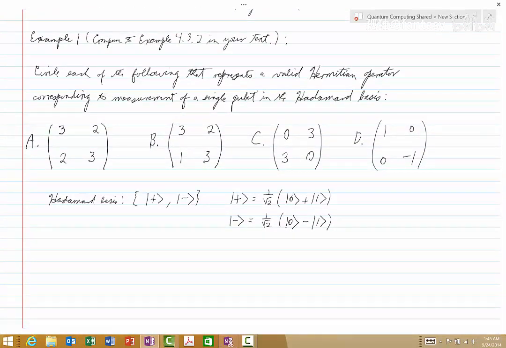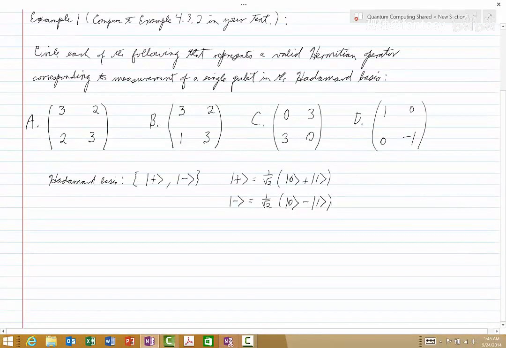So what we're saying here is that we're measuring a single qubit in the Hadamard basis, and of course we know in this case that the two resulting possibilities will be plus and minus, and the probabilities associated with those two different possibilities are determined by the particular qubit that's being measured. But we want to find a Hermitian operator that corresponds to this measurement.